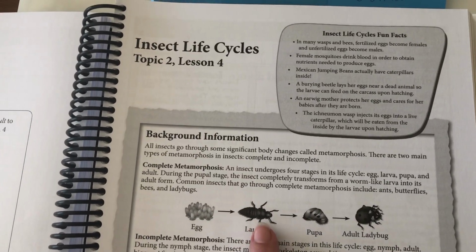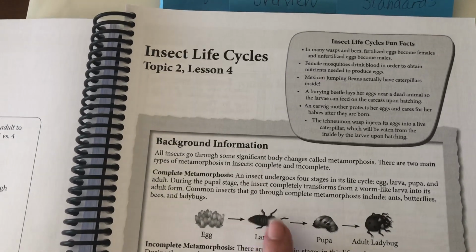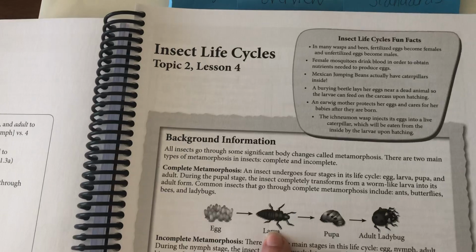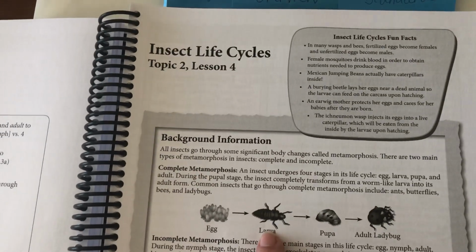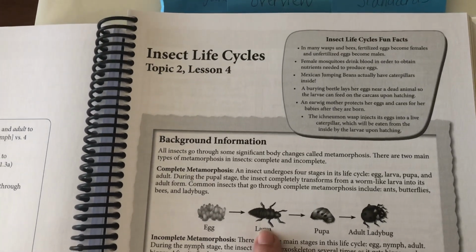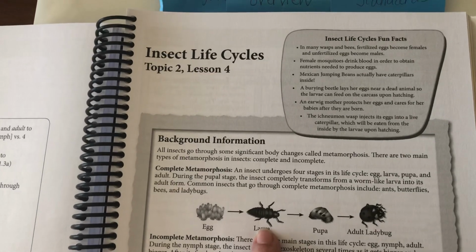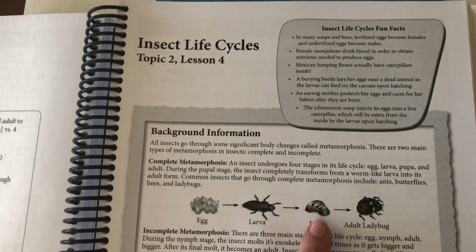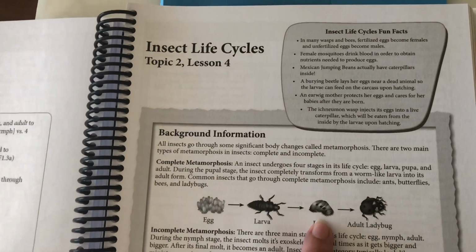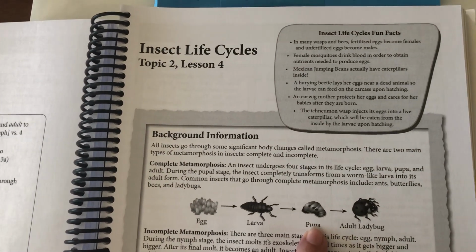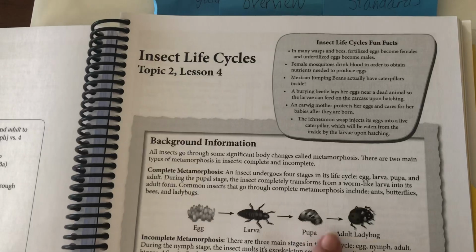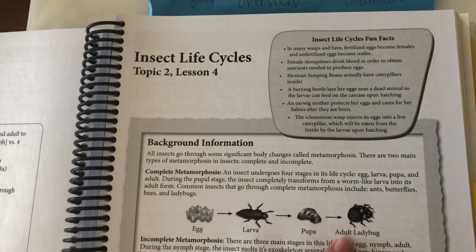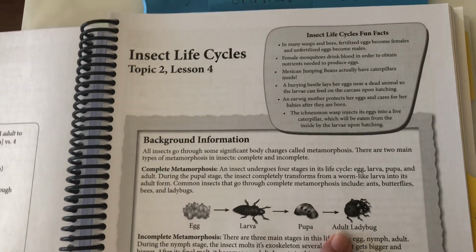And the larva doesn't look anything like what the insect's going to look like as it turns into the adult, because this is a ladybug. And that doesn't look like anything a ladybug looks like. So it has to go through a metamorphosis or a change to become the adult ladybug. So it also spins what we call a pupa. And then when it comes out of the pupa, then it becomes the adult ladybug.